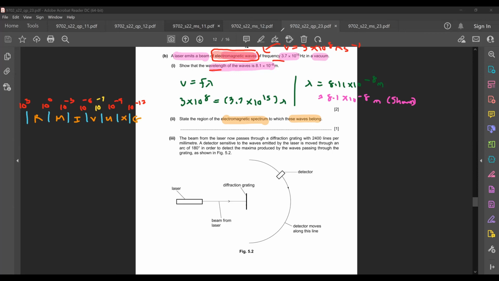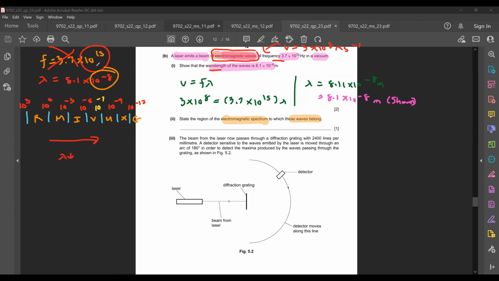Your frequency is 3.7 times 10 power 15 hertz. Sorry, this one is not the one I want. I want the wavelength, 8.1 times 10 power minus 8, because this spectrum is in order of wavelength. Wavelength is decreasing, so I don't want to use frequency. My order of magnitude for the wavelength is 10 power minus 8.